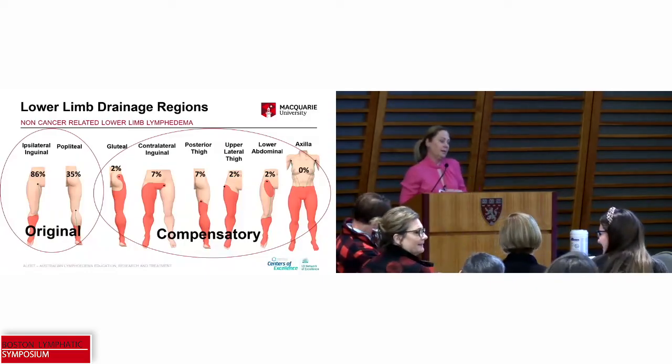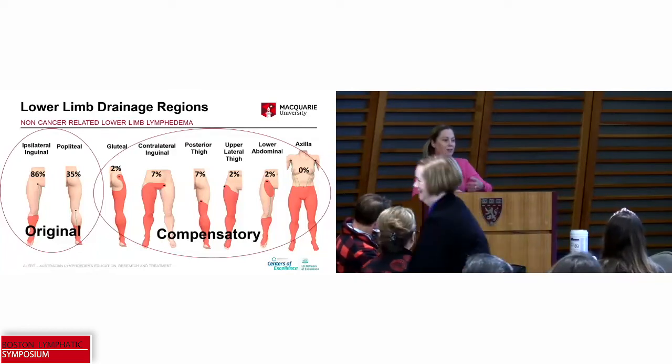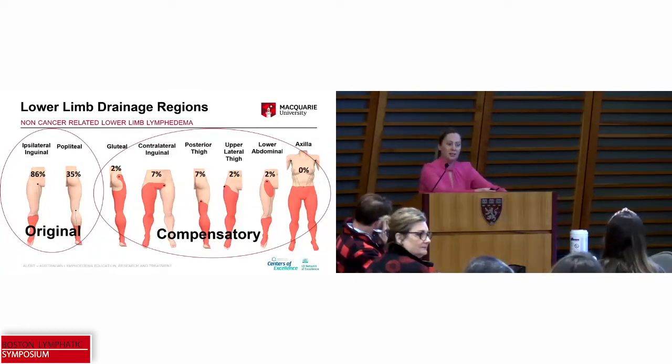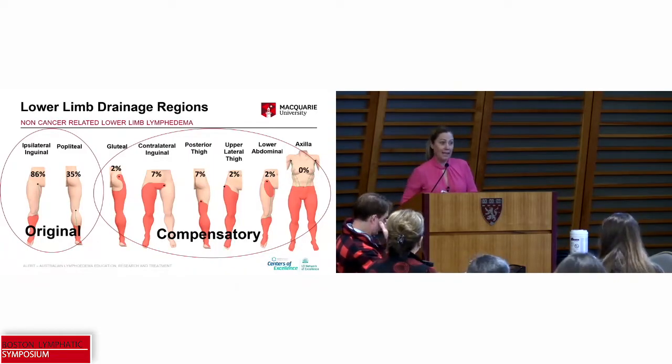In a limb that's had to work harder in order to problem solve its way to that drainage region, it can take us longer because the fluid is moving in that dermal backflow pattern through a larger proportion of the limb. So if you imagine a leg that's untreated, so somebody turns up with a big congested leg, we've got lots of fluid sitting stagnant in those dermal capillaries.